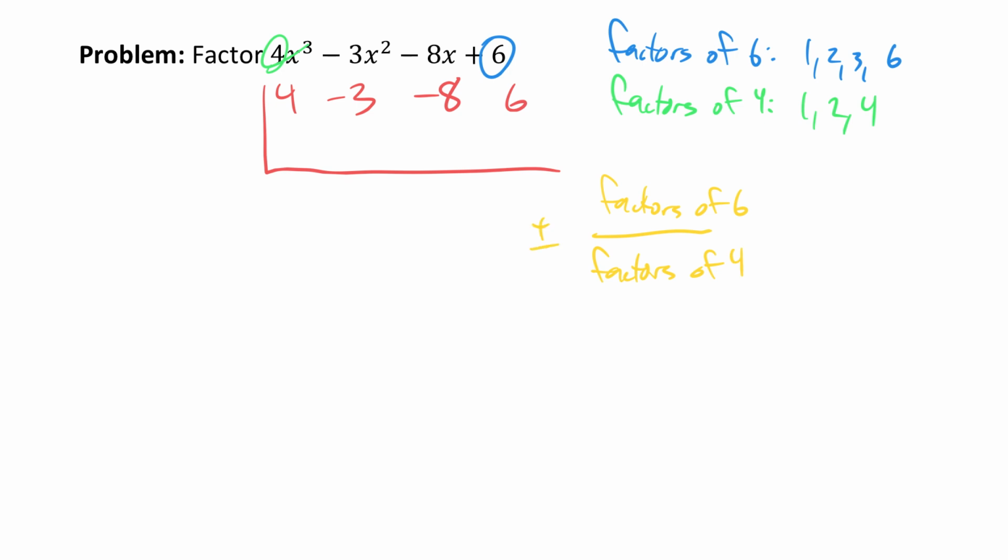In other words, using a little bit of permutations and combinations, because there's 2 options for the sign, plus or minus, and because there's 4 options for the factors of 6, and there's 3 options for the factors of 4, we're going to have 2 times 4 times 3, which is equal to a total of 24 possible roots.